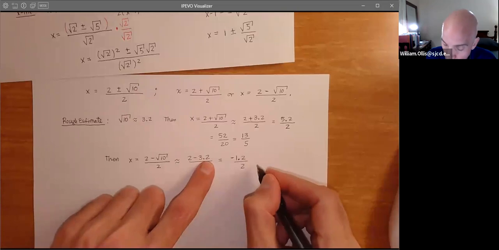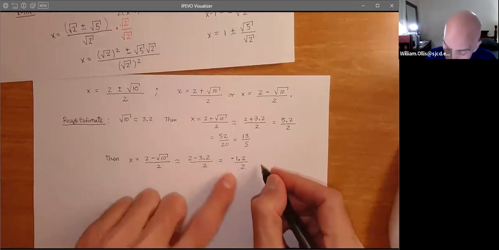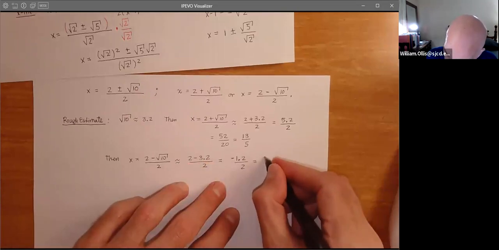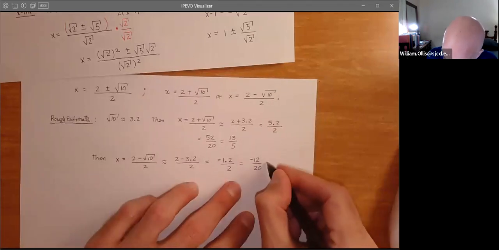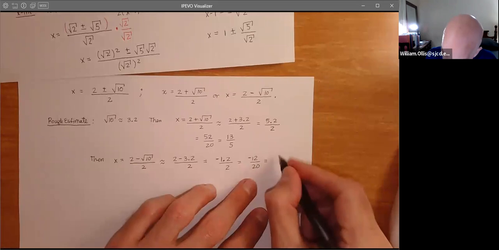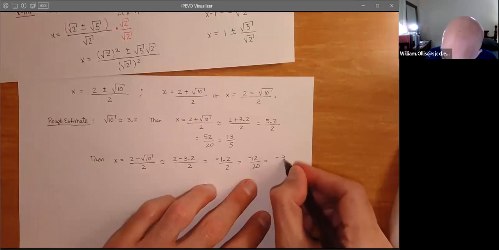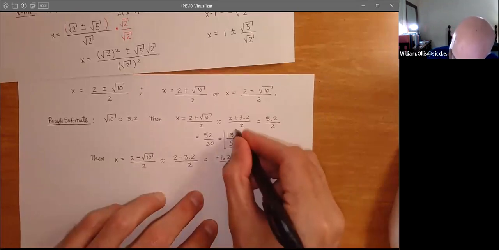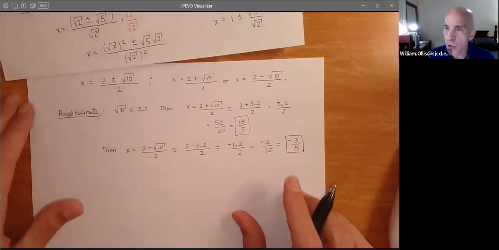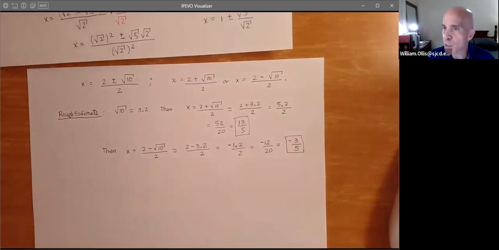So negative 3.2 plus 2 will give us a negative 1.2, and then multiply and divide by 10. Divide by 4, so we get negative 3/5. So those are some rough estimates of our x-intercepts. Now they're not calculus based, they're just rough estimates.